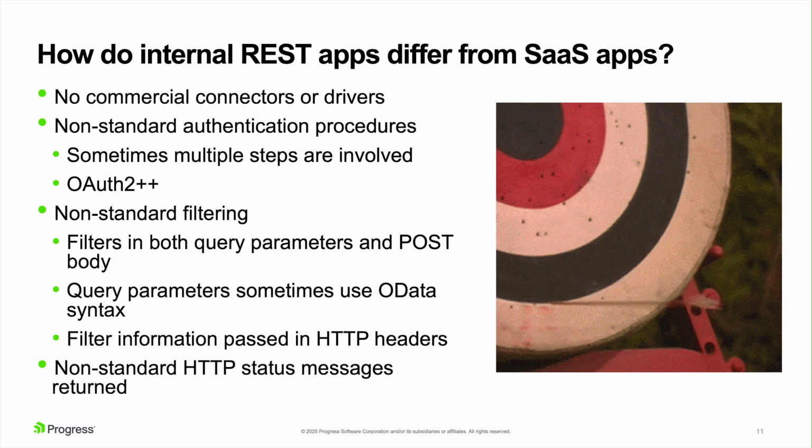So again, one of the focuses of ARC, Autonomous REST Connector, is to give you access to these proprietary sources where you're not going to get a commercial driver. Another thing we see with internal REST applications is that the authentication is often beyond what you might expect in a commercial application, in that there may be multiple steps involved.